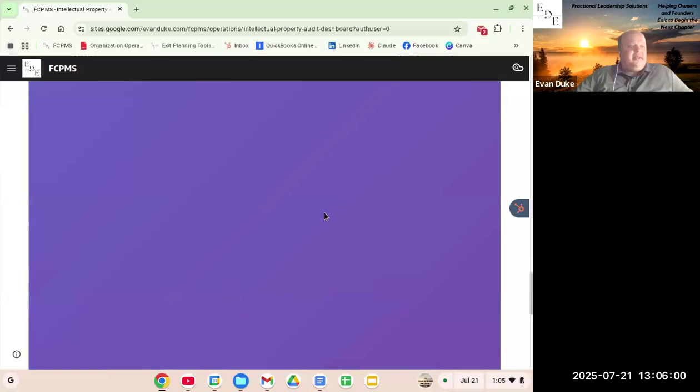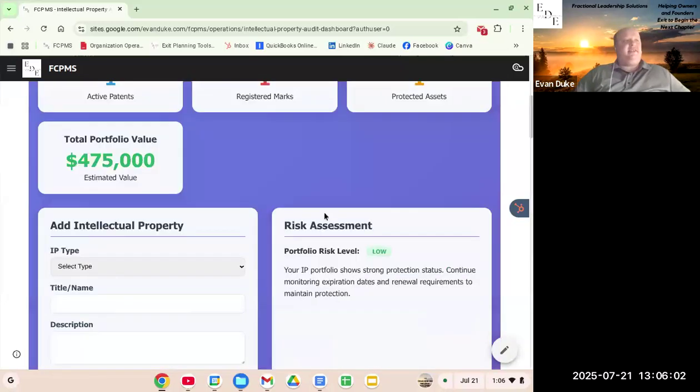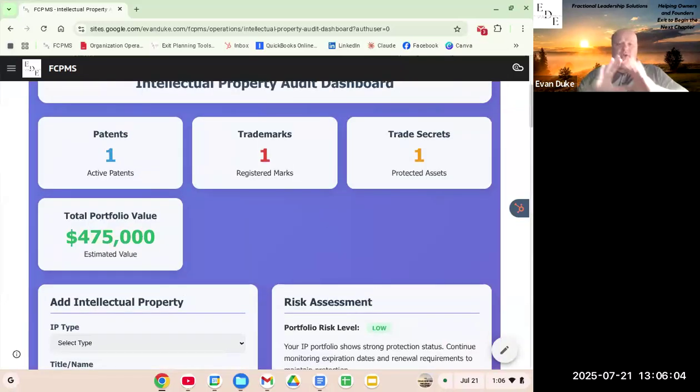Really, it helps us get a ballpark view of just how valuable our IP is. This tends to get overlooked, but determining what our IP is and its valuation, even getting it valued, could wind up being a significant asset for the business.